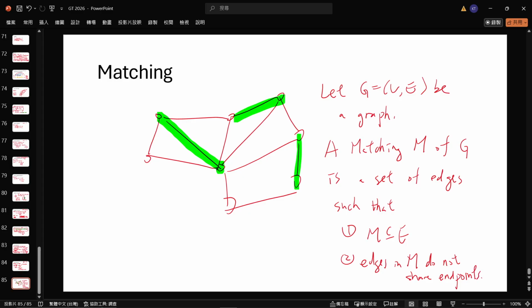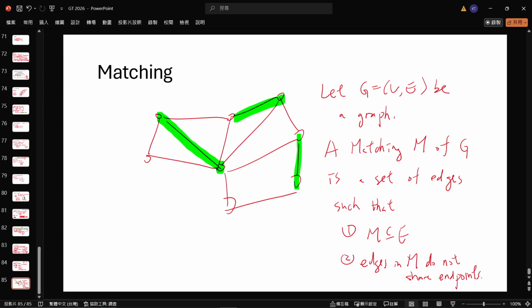Okay. So before we can start to talk about matchings, we have to first have a graph, okay? So after we have a graph, we can define a matching based on a graph. So a matching is just a subset of edges, a subset of the edge set E, all right?